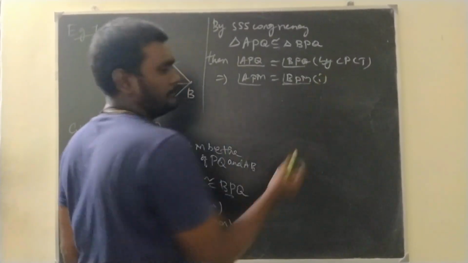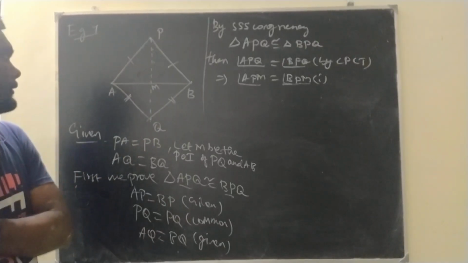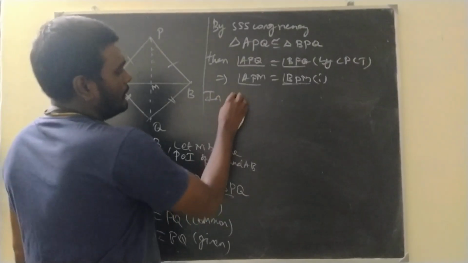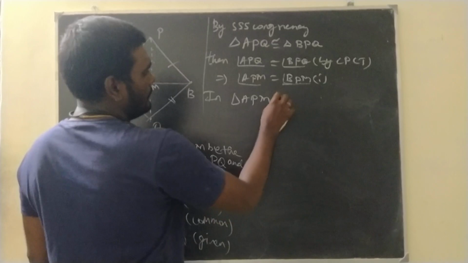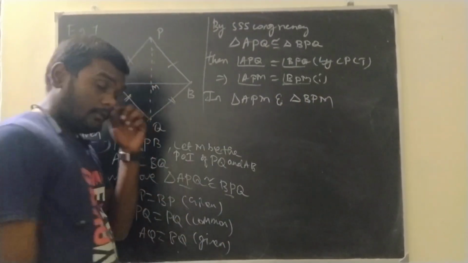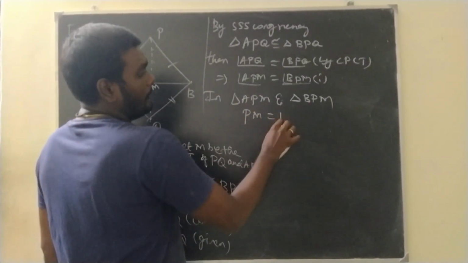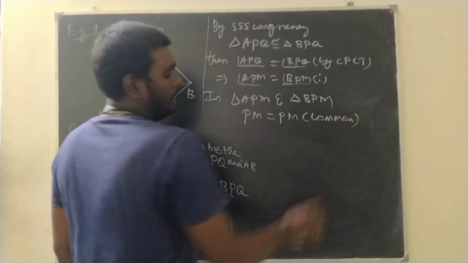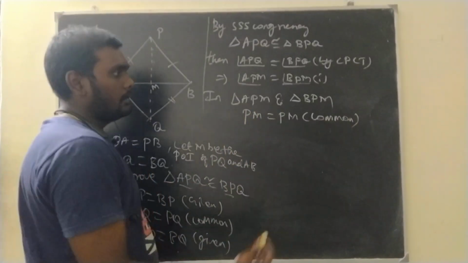This should be useful. Now in these two triangles APM and BPM, we have the side PM is common, PM equals PM, it is common, and AP is equal to BP, that we know earlier.